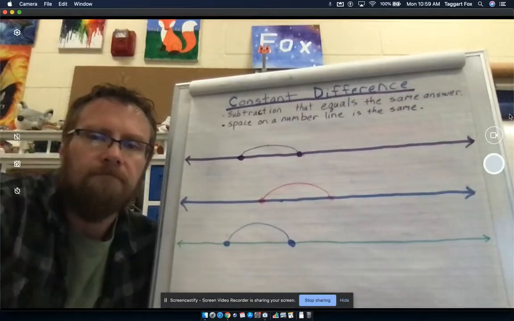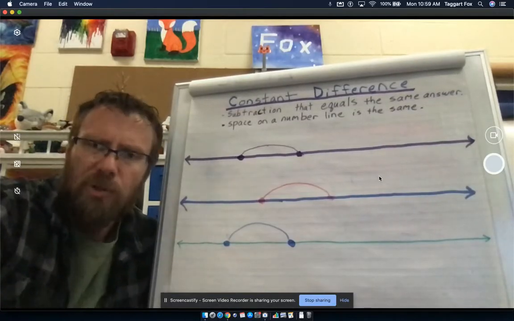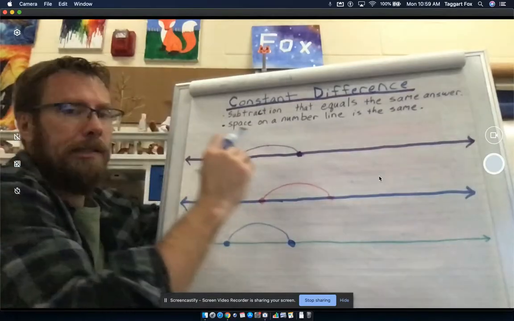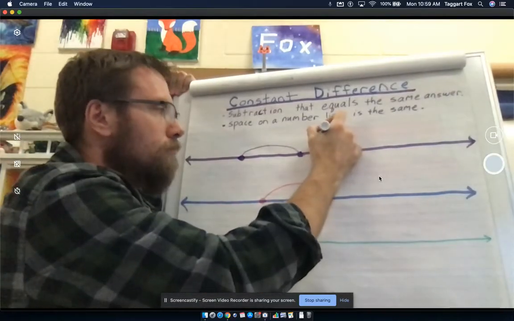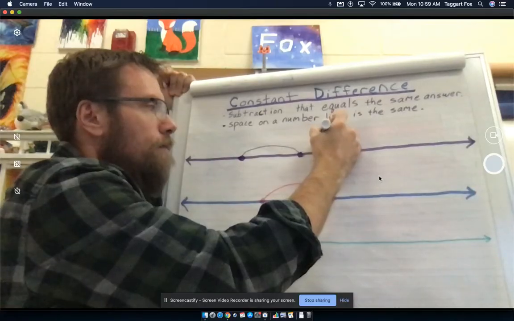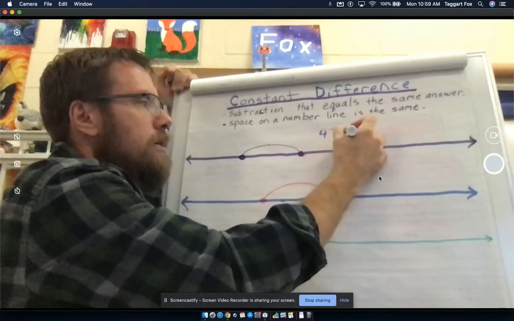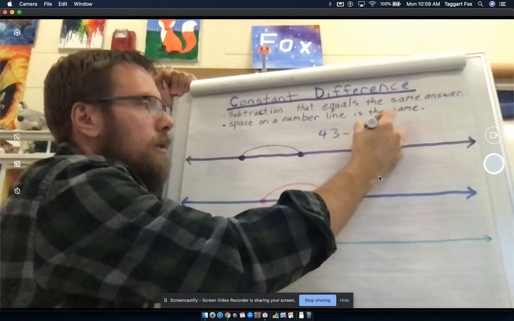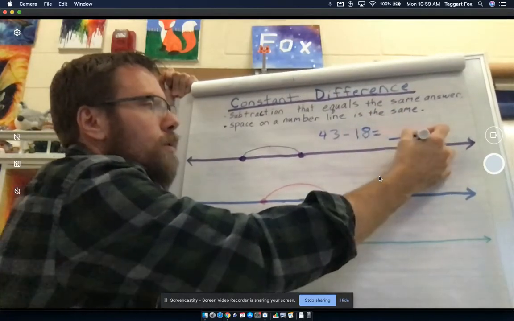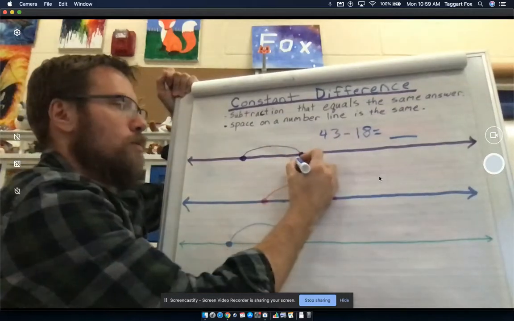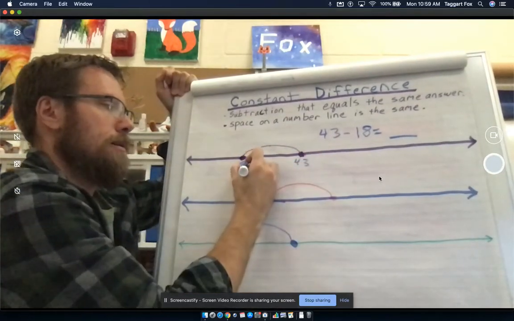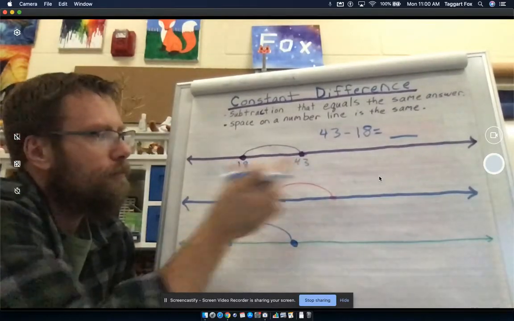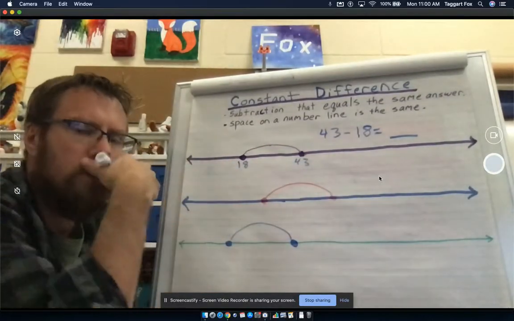Okay, let's try one more. You do it on your dry boards and hold it up. All right, let's see. 43 minus 18. 43 and 18. Which way do I want to shift them, forward or backwards? How much? Why?